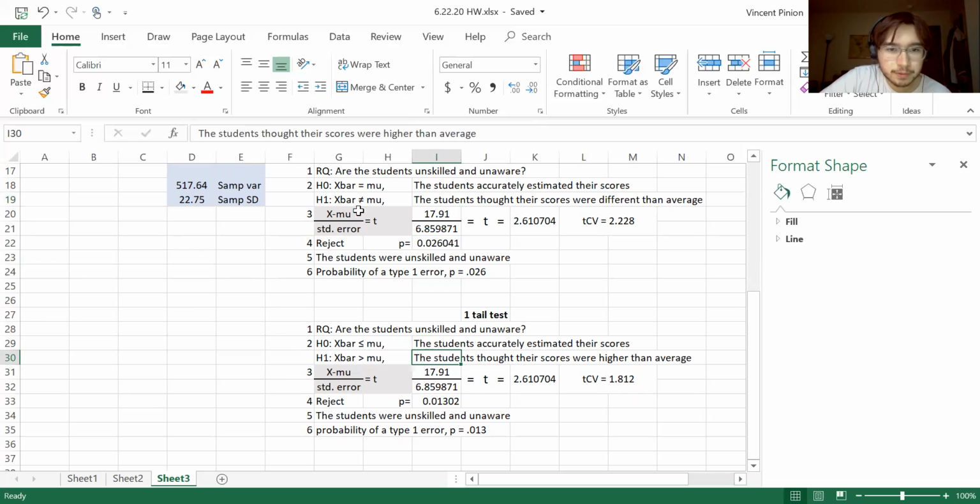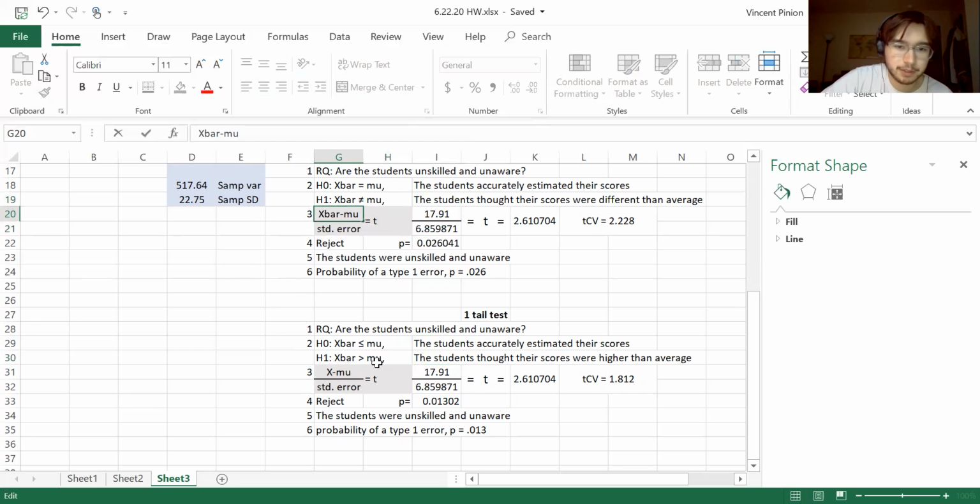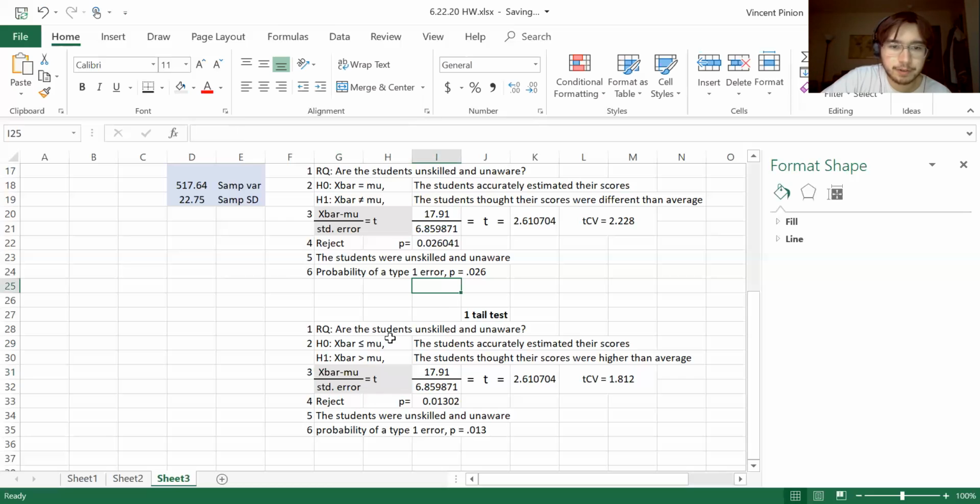So for the standard error, this is the base equation, x bar minus mu over the standard error. I don't know if you actually need to put the equation and all the symbols and everything. I just did that for example.